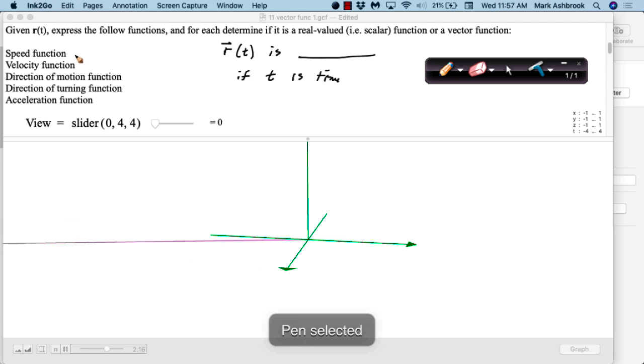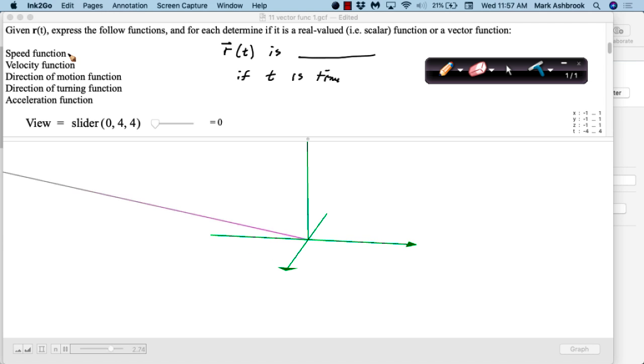Agree with that? Yep. Sometimes you see double bars. Double bars and single bars around a vector mean the exact same thing: the magnitude of the vector. So why write more than you have to? That's the speed. Is that a scalar function or a vector function? It gives you just a number of how fast.